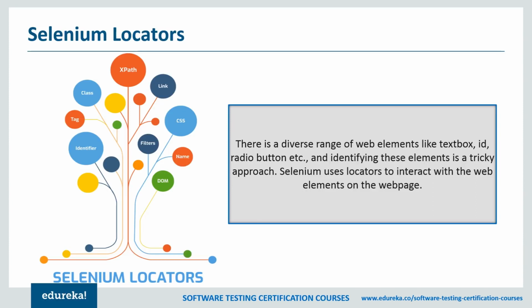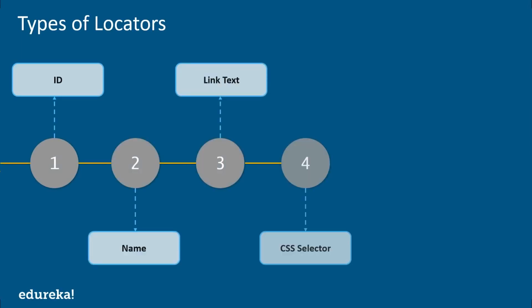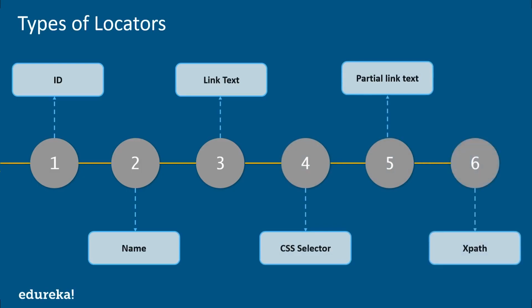There is a diverse range of web elements like text box, radio button, etc., and identifying these can be a tricky approach. So let's see what the different types of locators are that can be used to locate a particular web element on the web page. We have ID, name, link text, CSS selector, partial link text, and XPath.